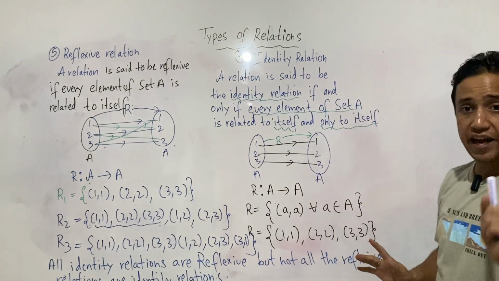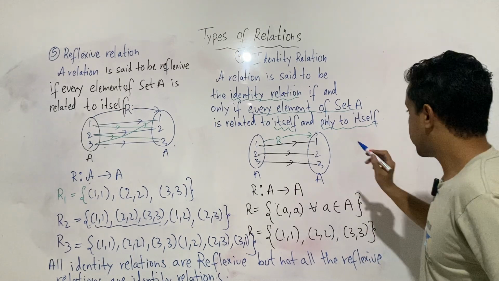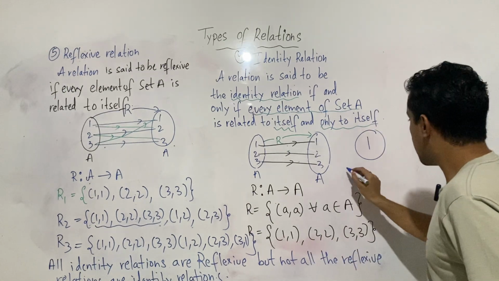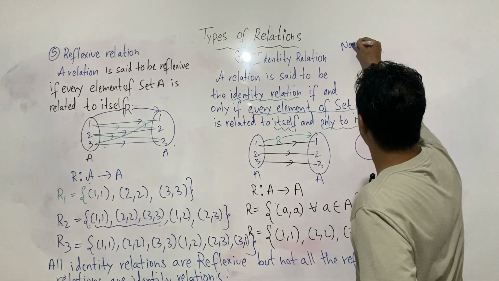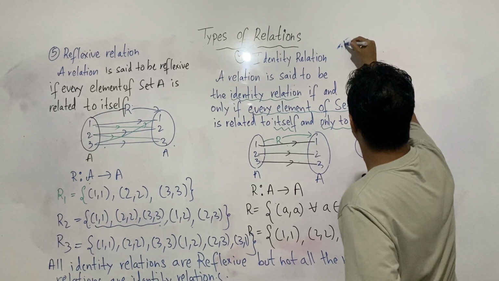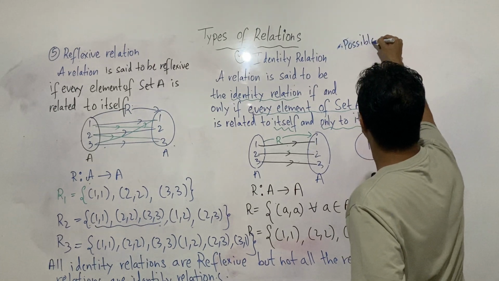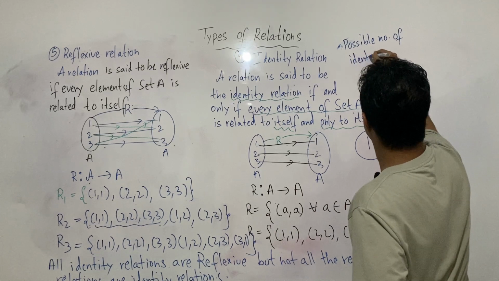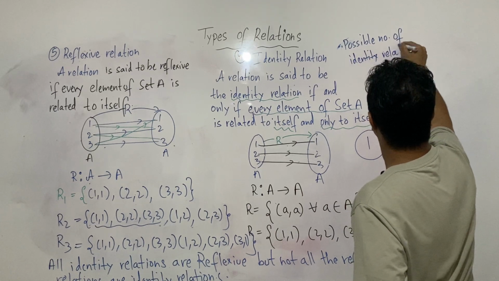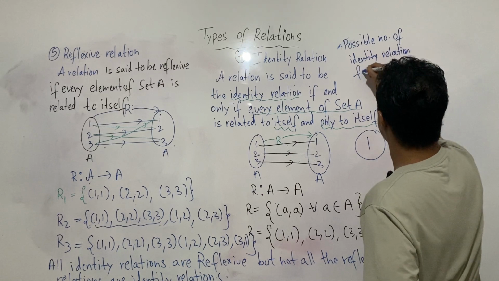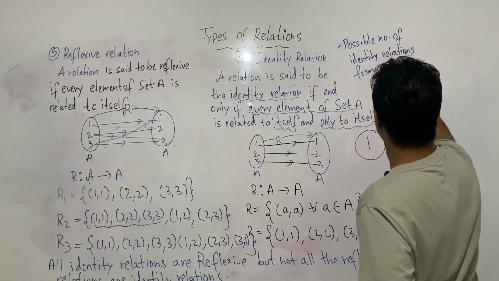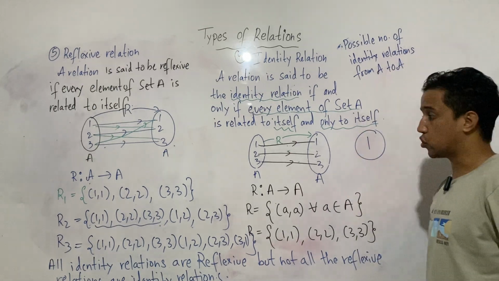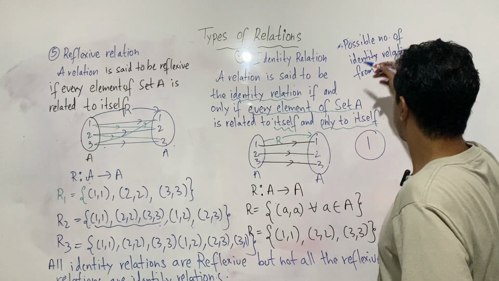to A, your answer must be one relation. So here I'm writing: possible number of identity relations from A to A. How many?